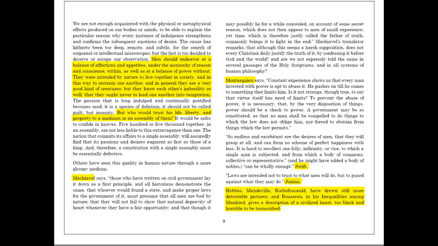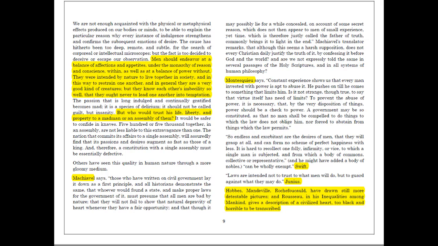"Hobbes, Mandeville, Rochefoucauld have drawn still more detestable pictures. And Rousseau, in his Inequality Among Mankind, gives a description of a civilized heart too black and horrible to be transcribed." And we drew that contrast when we discussed Rousseau, if you recall, that difference between Locke's portrait of the state of nature, or a man's pre-social state, and Hobbes's and Rousseau's.